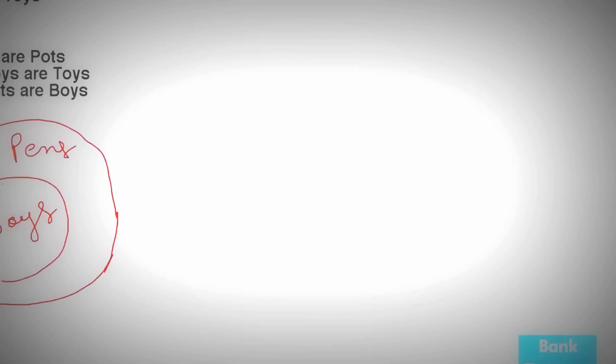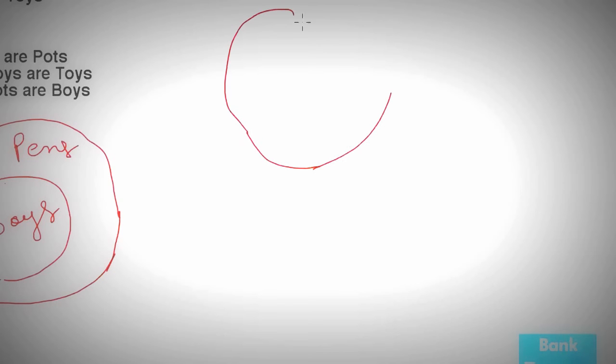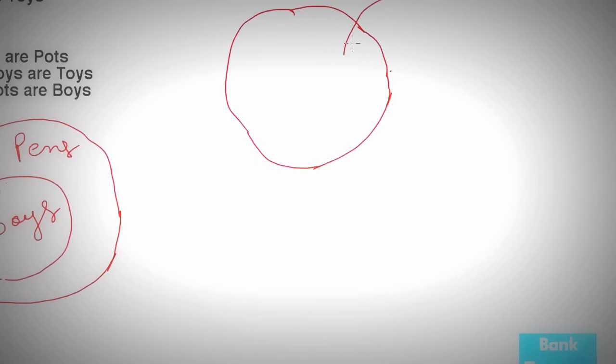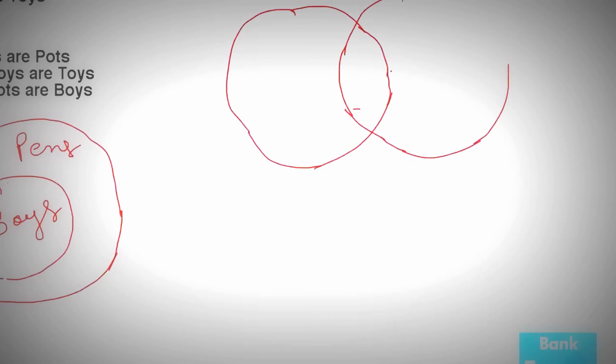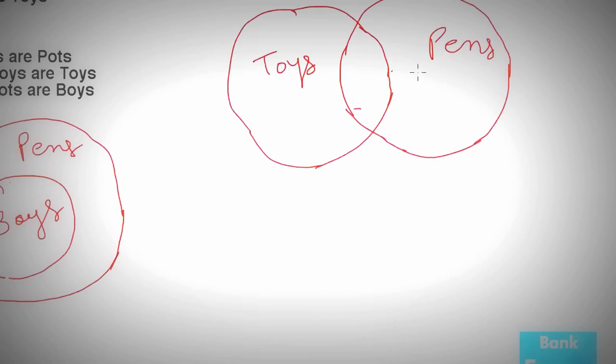Now let's go to the second statement. Some toys are pens. Some toys, so it is like this. A part of toys are pens.